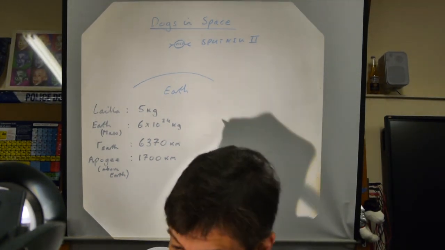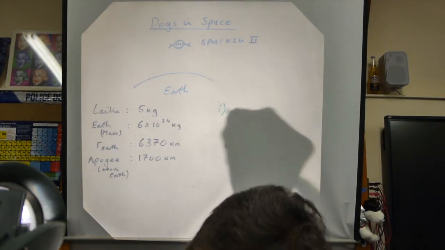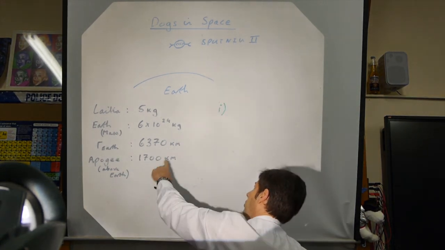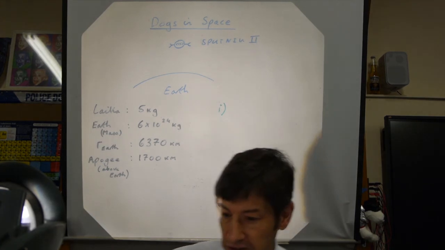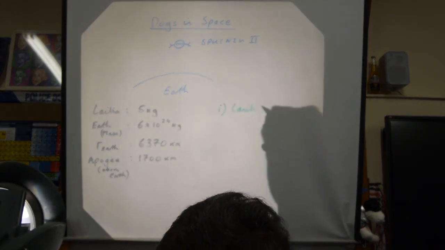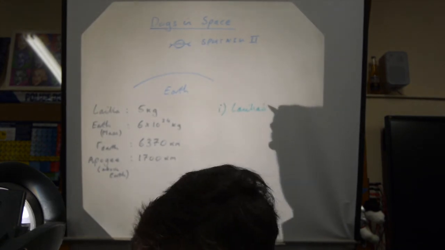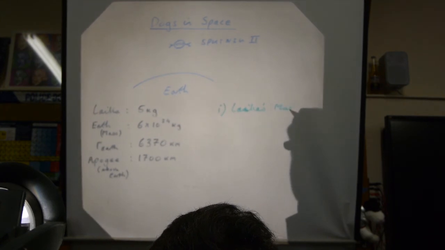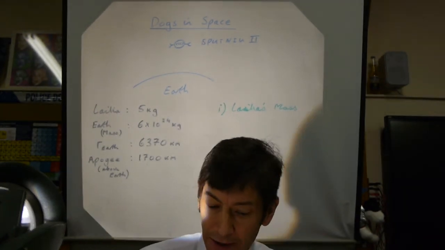My first question to you is, number one, when she was at apogee, so when she was at the highest point away from the Earth's surface, what was her mass? So Laika's mass at that point.